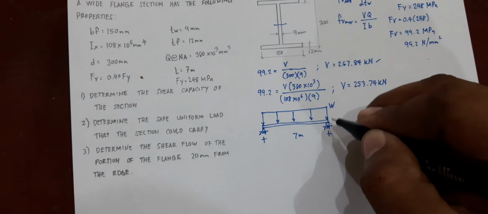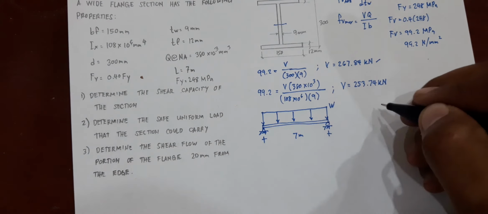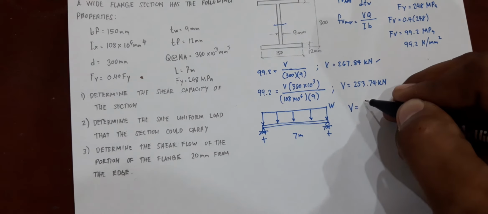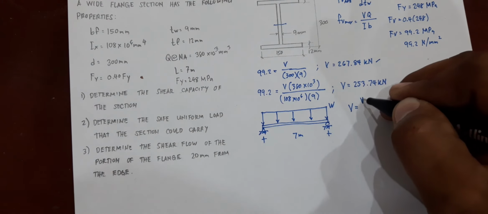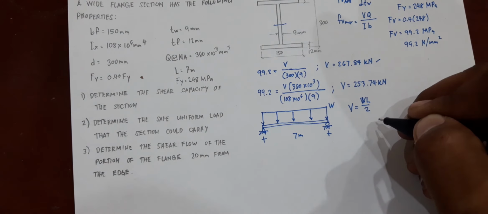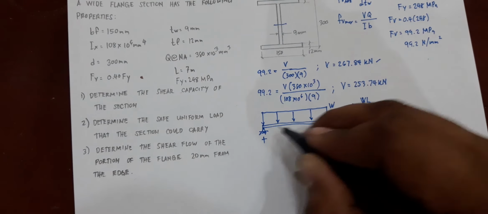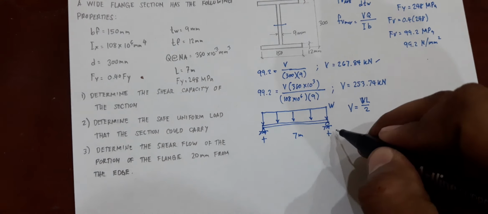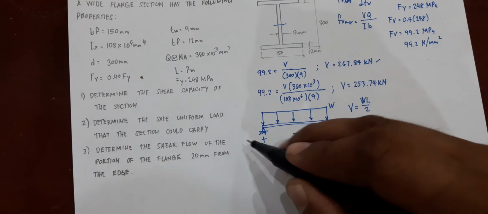In this case, since it is a uniformly distributed load over a simple span, then your derived formula would be V equals W times L over 2. Common sense will tell you that over a simple span having a uniform load of W, the load will just be divided into 2.